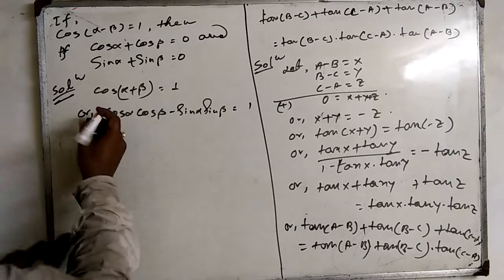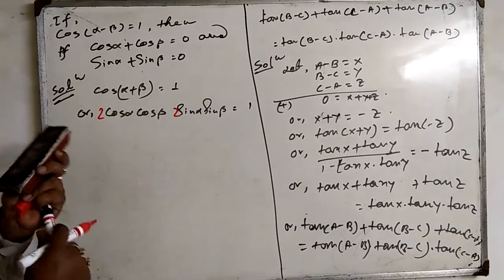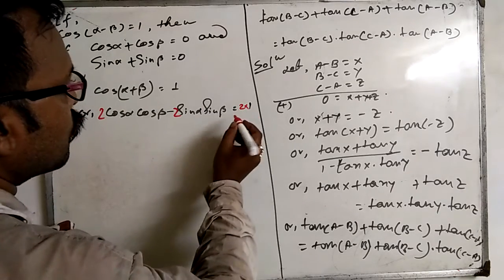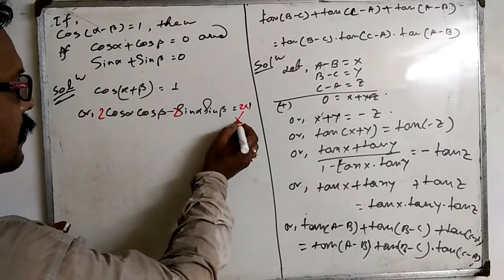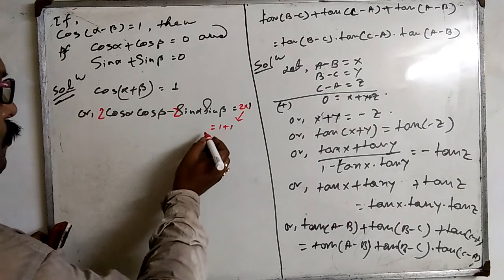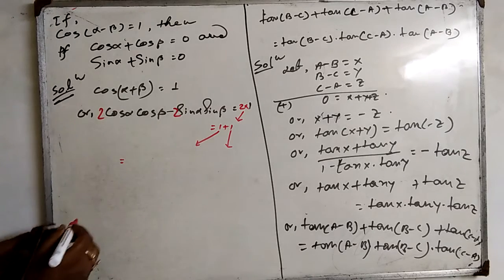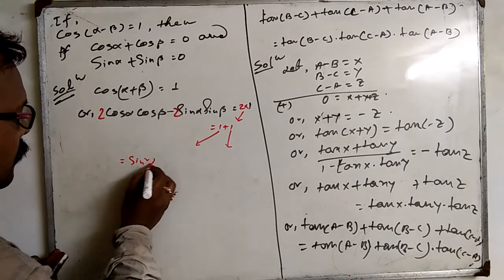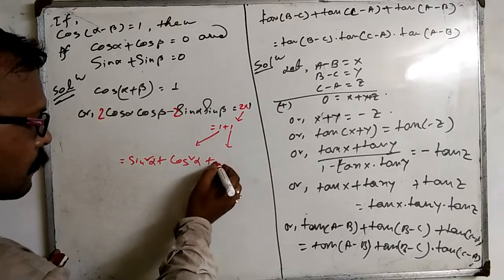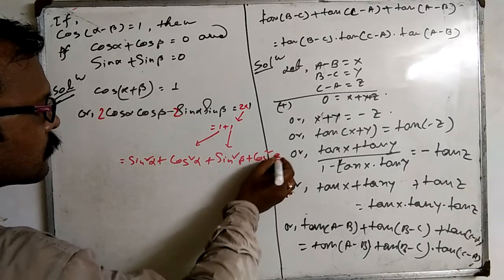Then we get 2 equals 1 plus 1. So we just write the 1 as sine square alpha plus cos square alpha, and the other 1 as sine square beta plus cos square beta.